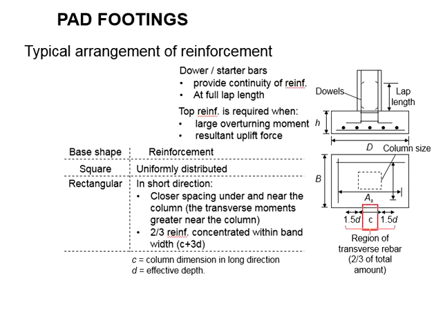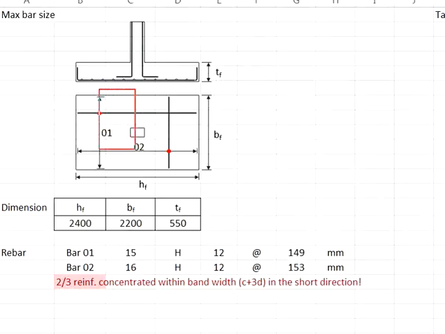You have 300 plus 723 plus 723. That gives you these regions where you need to have 2/3 of the reinforcement, and the width here will be equal to 1,746 mm. Make sure you have at least 2/3 of the reinforcement concentrated at these regions for the secondary reinforcement.